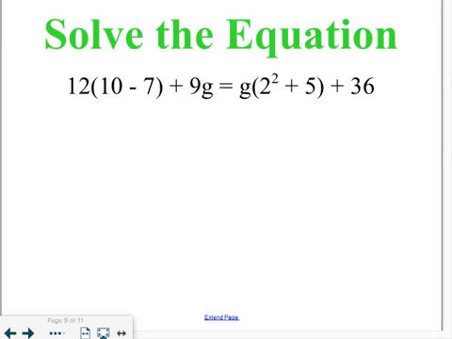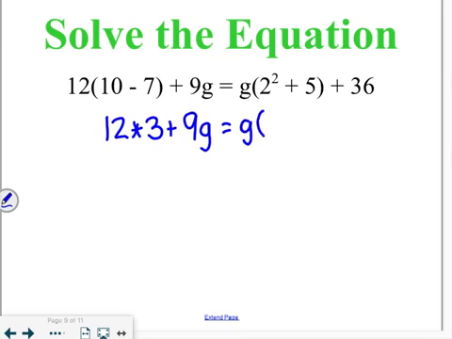On the flip side of that, if I go ahead and go through and solve this problem, I've got 12 times 10 minus 7, which gives me 12 times 3 plus 9g. And simplifying the right side, I've got g times 2 squared is 4 plus 5 plus 36.